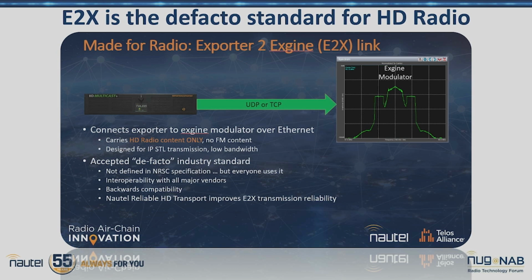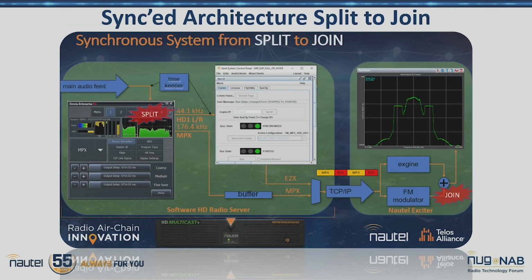And once you realize that those two components are pretty much side by side, we've introduced a new system architecture where we have an air chain that takes a single audio stream, whether for FM and HD radio, at the input, at what we call the split in the audio processor, and we came up with a synchronized architecture, and more importantly, a synchronized modulator that takes both the FM and the HD into account, modulates the signal, and puts it on air.